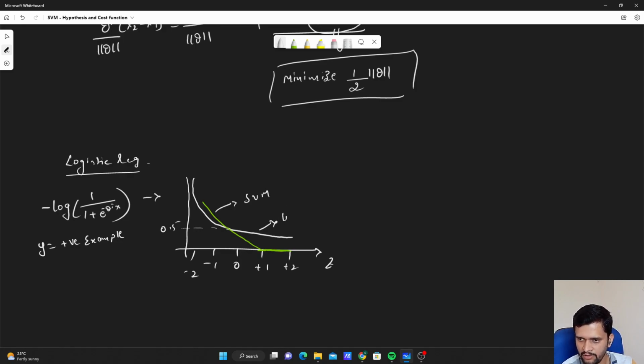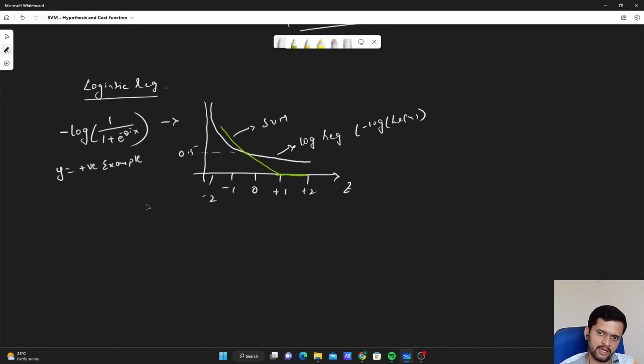This will be for logistic regression, and the equation is minus log hypothesis, right? And the hypothesis is given by 1 by 1 plus e power minus theta transpose x. Now, when y belongs to the negative example, what is the cost function for logistic regression?